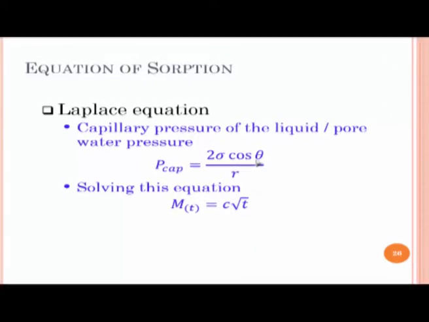So, how do you measure this capillary rise? Obviously, you can't go around measuring with a scale how much water has risen into the concrete. So, you can indirectly do this by measuring it by mass. You measure the mass of the concrete and simply plot it against time. You can solve the Laplace equation using that and then work out your coefficient of sorption or sorptivity.